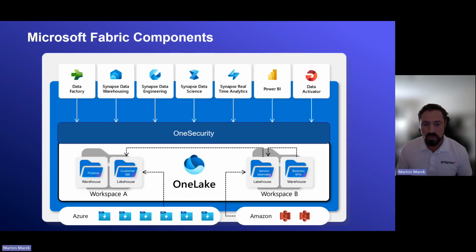So let's talk a little bit about these components that I've mentioned. So Fabric essentially is, I like to call it, the next iteration of what Synapse was, right? So Synapse, great Microsoft platform, again, allows us to pull in different data assets, create data lakes, surface that to Power BI.